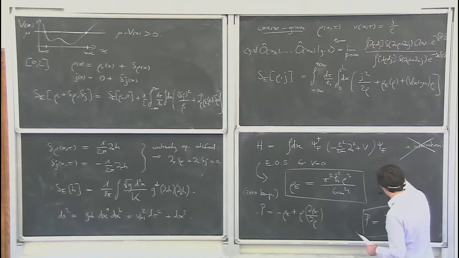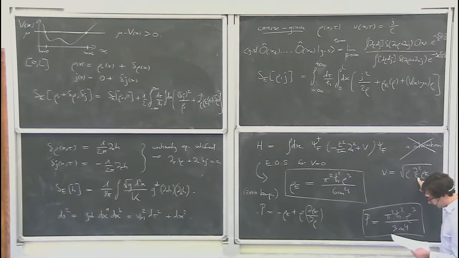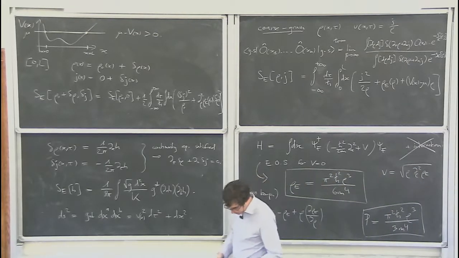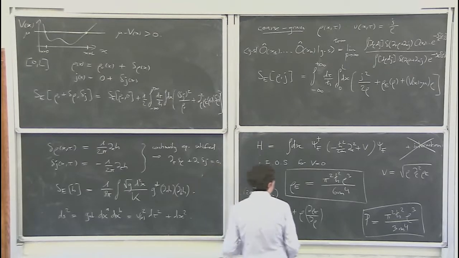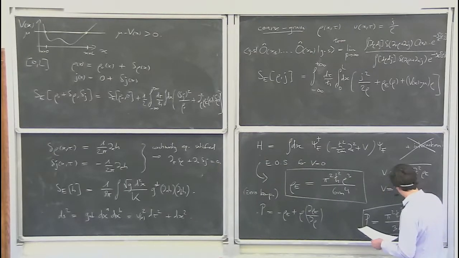In particular, the sound velocity turns out to be the root of rho times the second derivative of rho e with respect to rho. So in terms of the density, the velocity of sound is directly proportional to the density. Again, this is true for the Tonks-Girardeau gas.